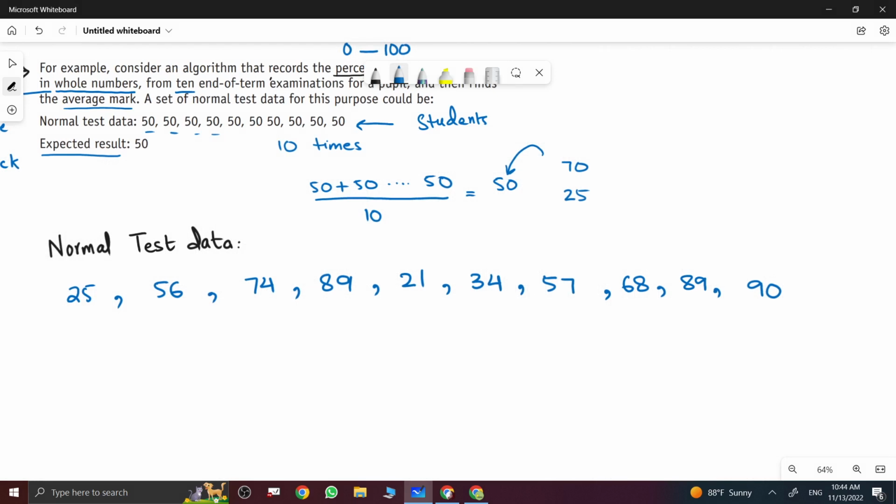Now, what would be the expected result? Let's calculate the average of all these percentage marks and write down the expected result for our algorithm, so we can check once we put all this normal test data in the algorithm. Let's calculate it manually.